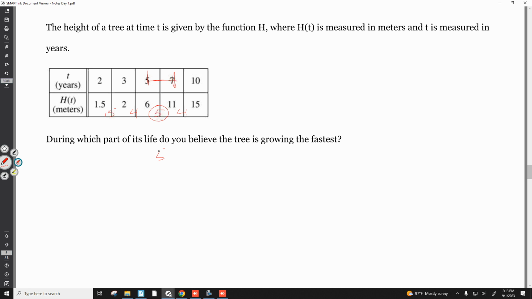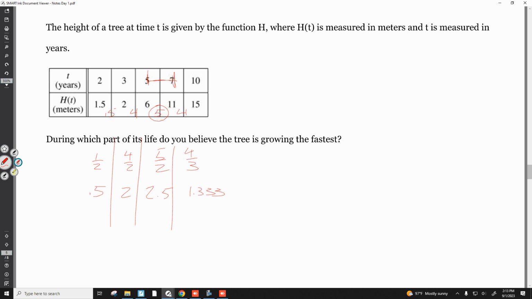You need to say, oh, 2.5 meters per year. 4/3 meters per year. 4/2 meters per year. 1/2 of a meter per year. You need to look at as many slopes as you can, as many rates of change as you can.